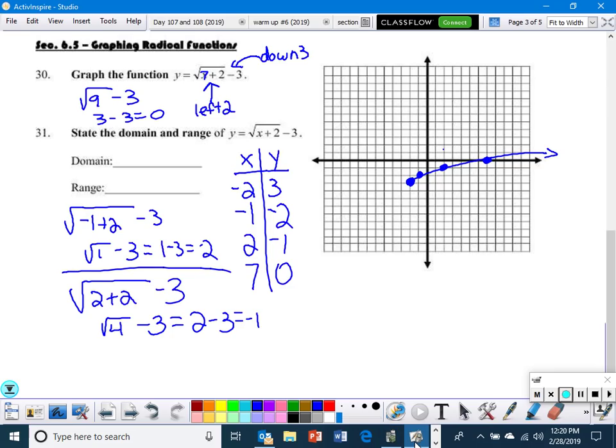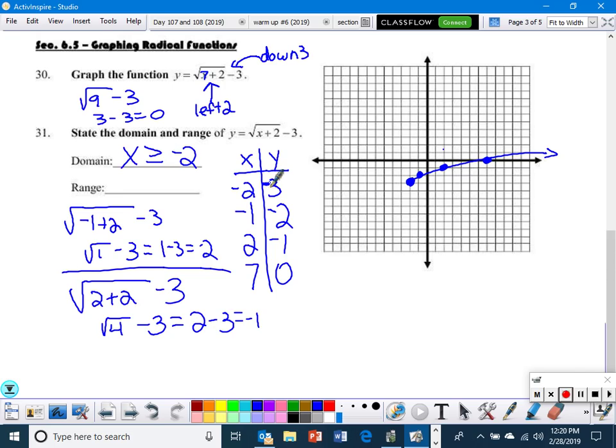All right? Now, what is the domain? Well, remember, domain is x. And the x starts at negative 2 and gets bigger. So x is greater than or equal to negative 2. Okay, what is the range? Well, the range starts at, whoops, this is a negative 3.